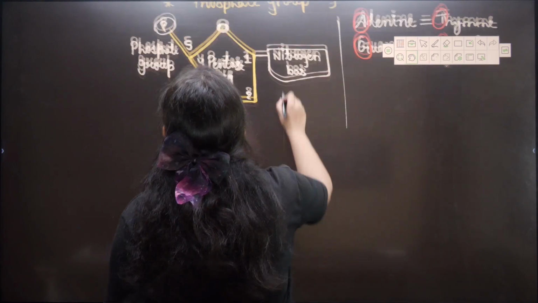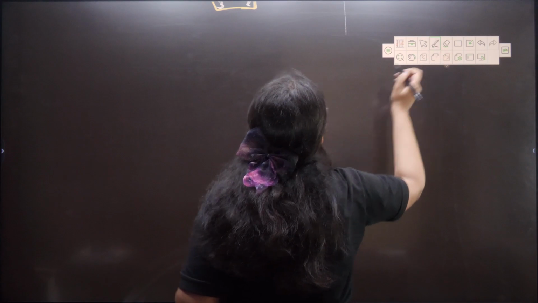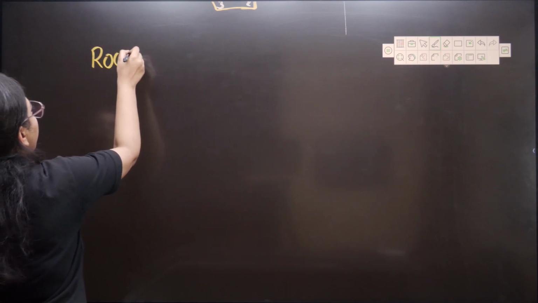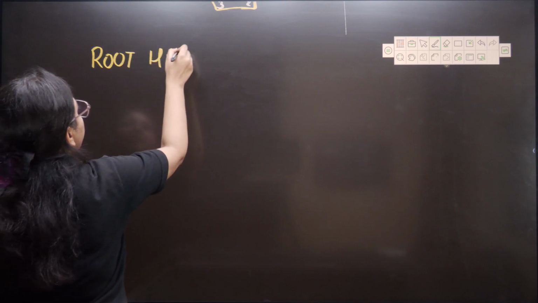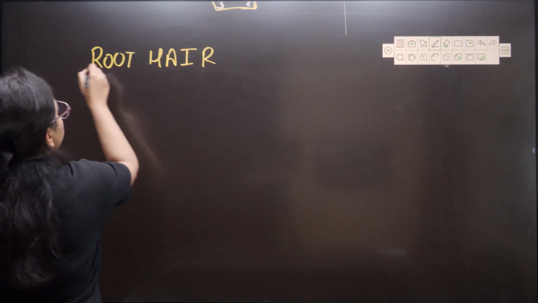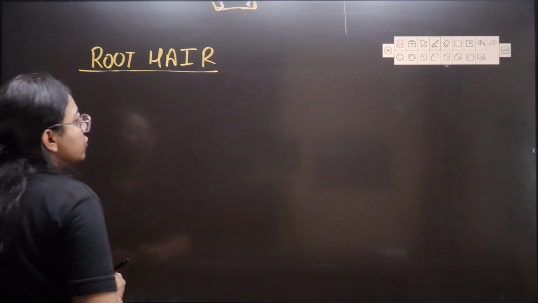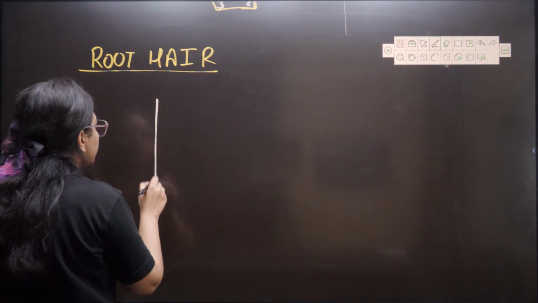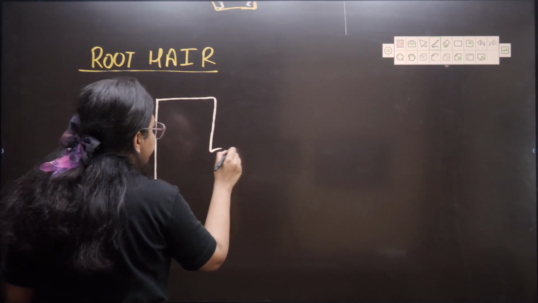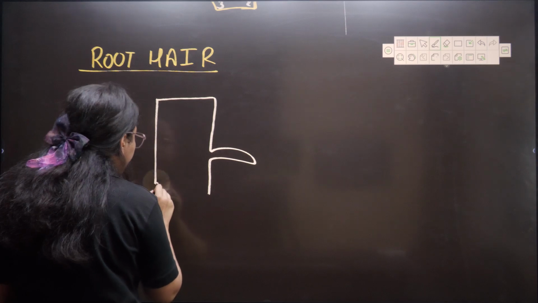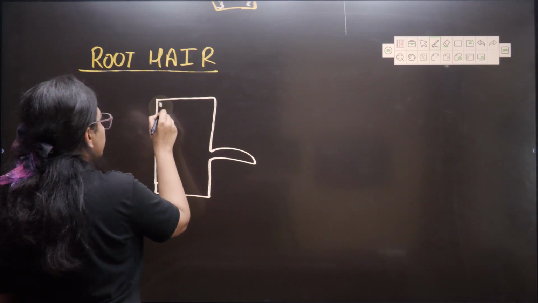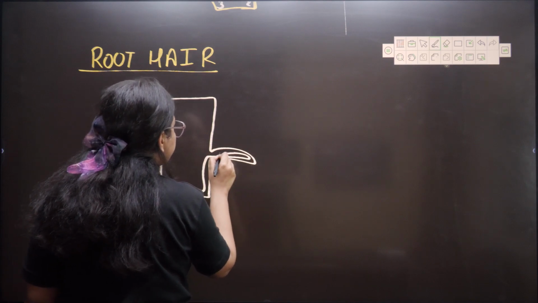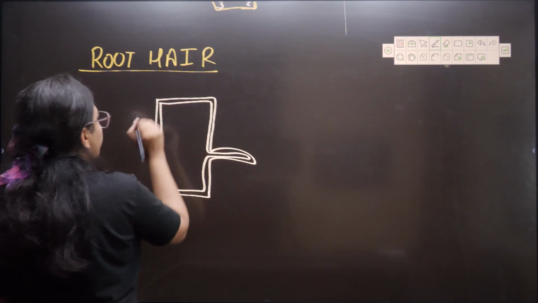Okay, so the next diagram is of the root hair. See, this is also one of the very important diagrams. So for this root hair, we are going to draw in this way. So first of all, this is a double membrane thing, so obviously it will have a cell wall and the cell membrane.